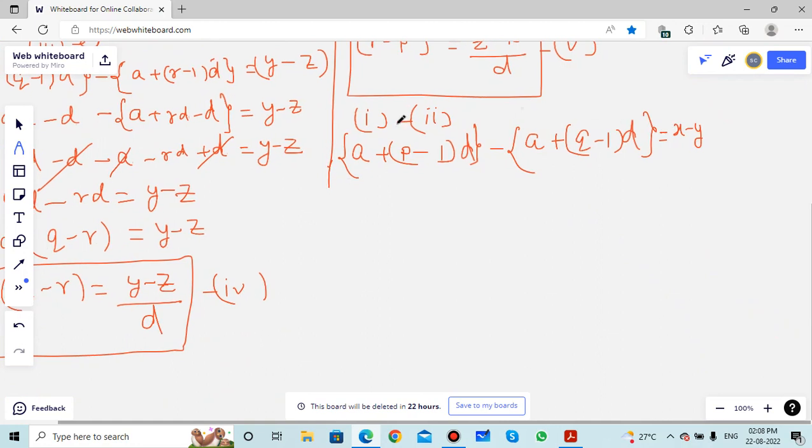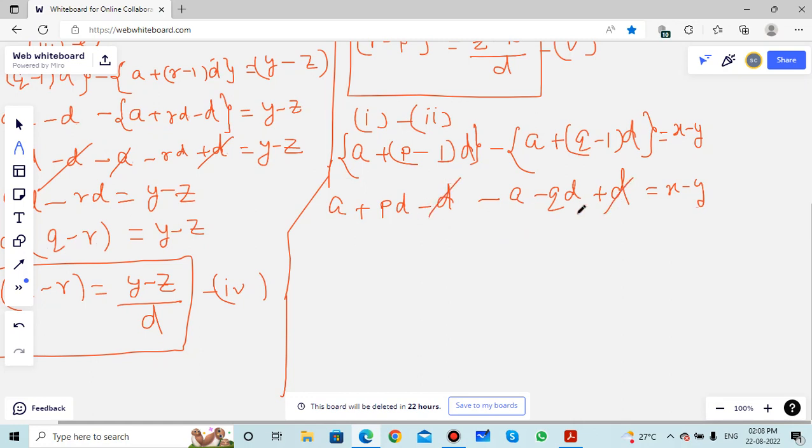Keep it here. Solve it. Let's see what do we get. So open the bracket. A plus pd minus d minus, you can do it directly if you want, but in the exam don't write directly. You can open the bracket one by one. It will be minus a and it will be minus qd and plus d is equal to x minus y.